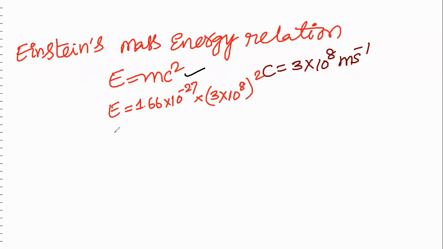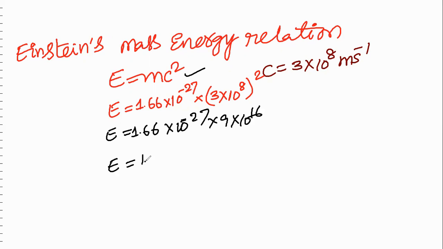There we will write energy E is equal to 1.66 into 10 power minus 27 into 9 into 10 power 16. On simplifying we will get 14.94 into 10 power minus 11 joules. This is the energy.